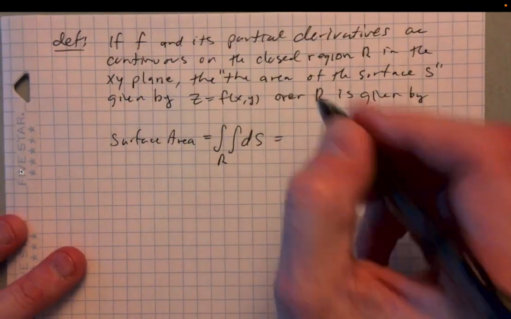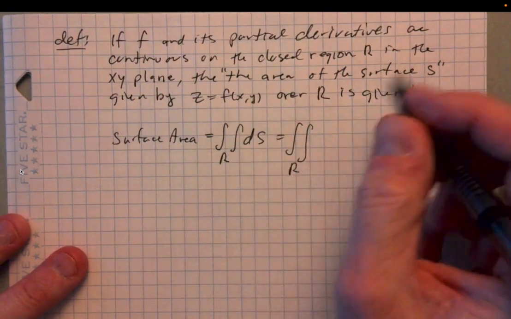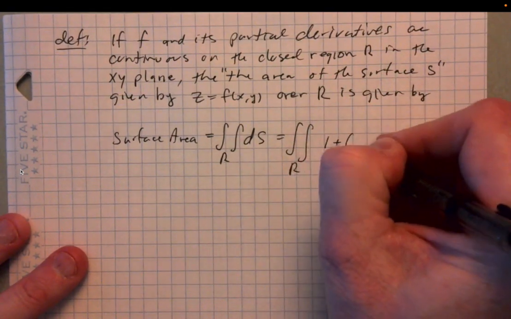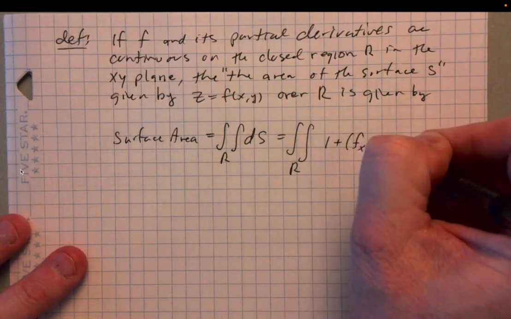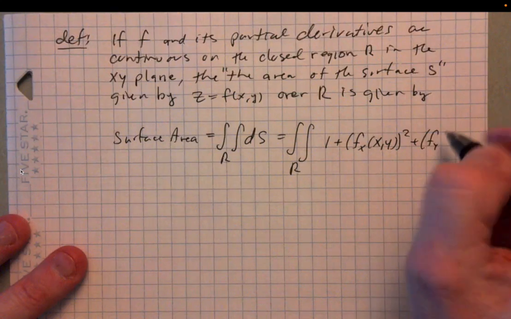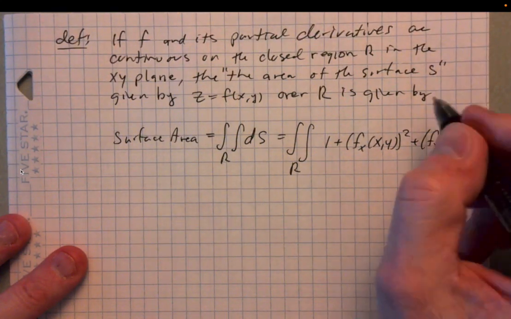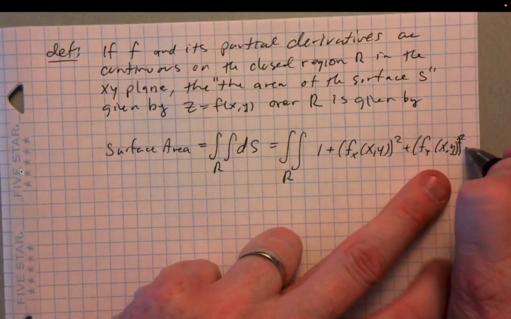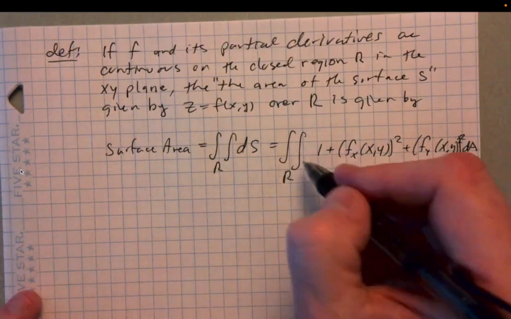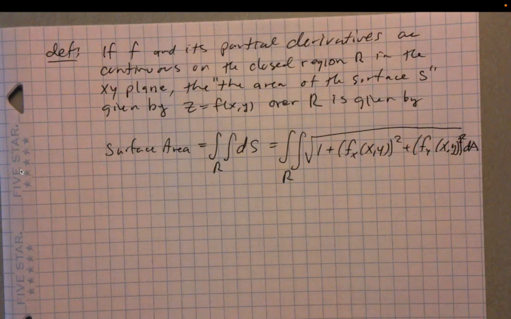And then of course we can expand the ds into the actual formula, and so here we'd have the square root of 1 plus f sub x of (x, y) squared plus f sub y of (x, y) squared, dA. Okay, perfect. And so that's the surface area in terms of the double integral.